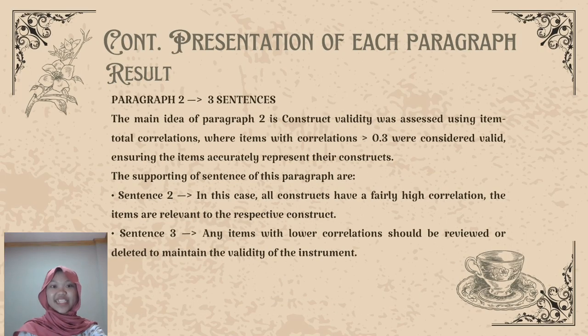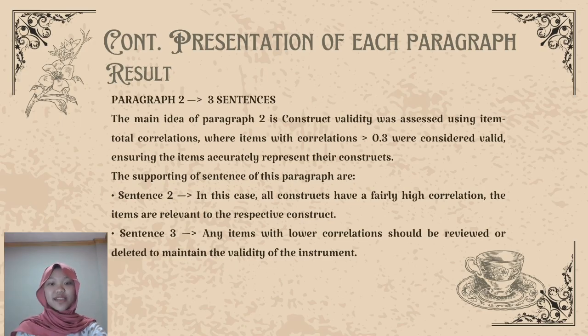Okay, next is paragraph 2. In paragraph 2 in the results, I have 3 sentences. The main idea of paragraph 2 is construct validity was assessed using item total correlation, where items with correlation more than 0.3 were considered valid, ensuring the items accurately represent their construct.